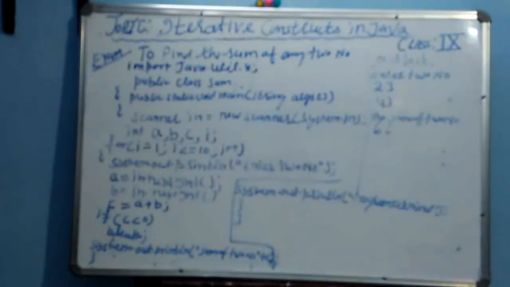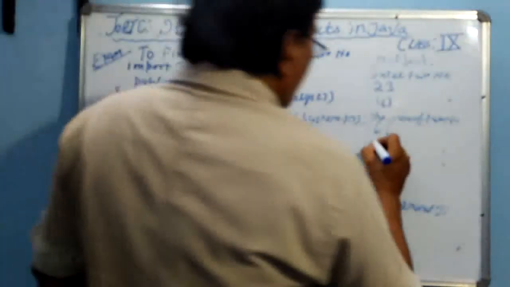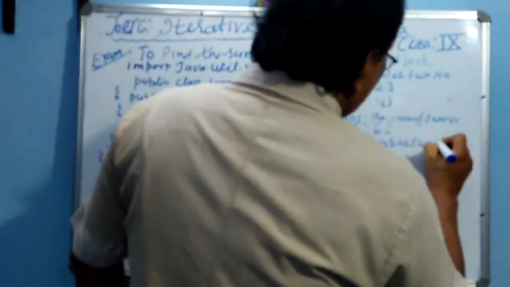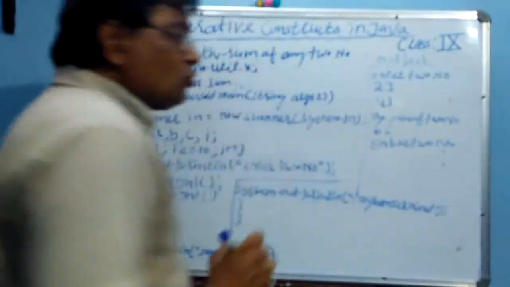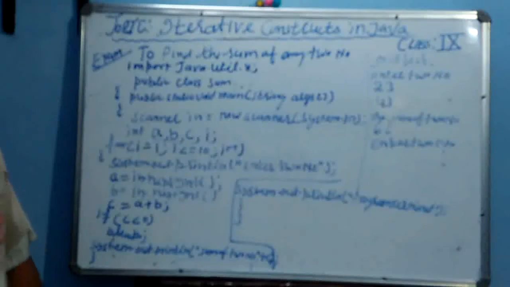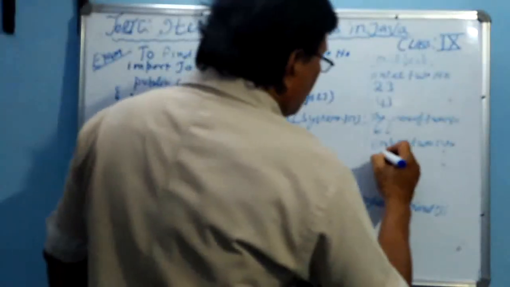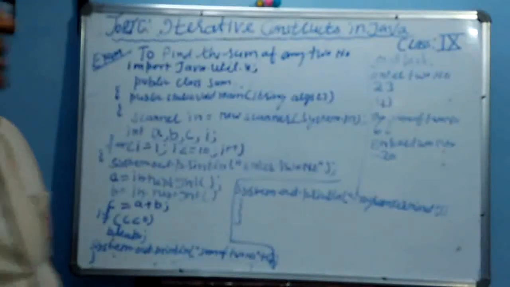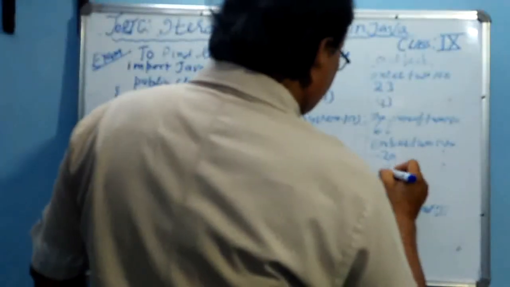And suppose you have entered two numbers. Suppose you have given the value of a as minus 20 and the value of b you are giving as 9.